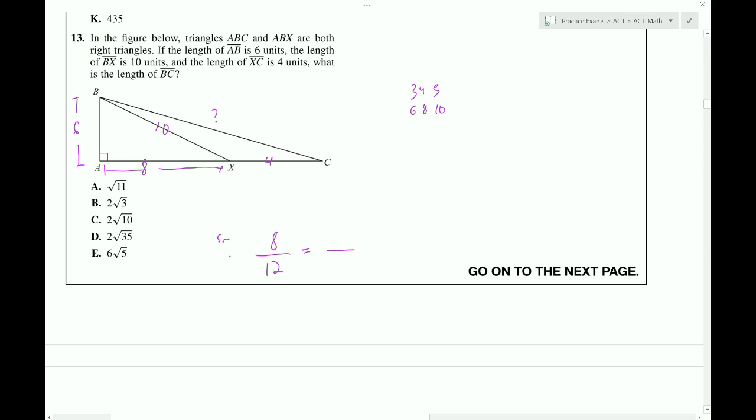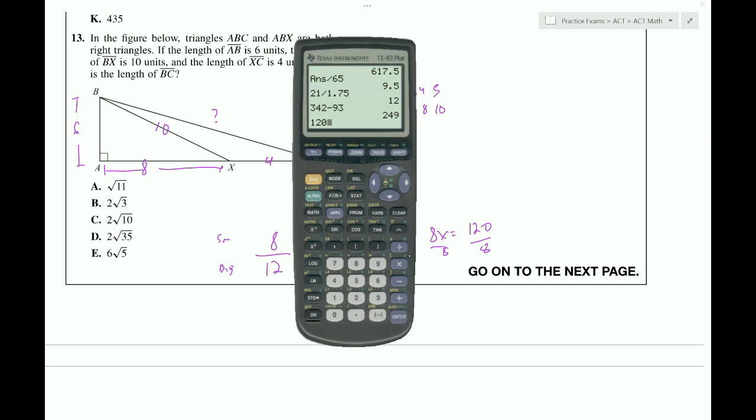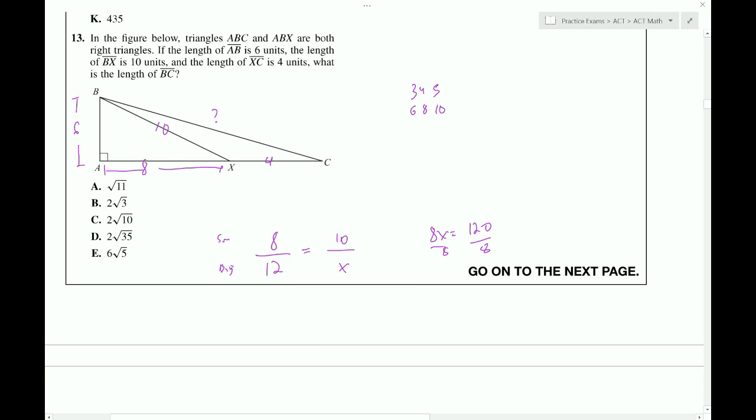So the small triangle here, the big triangle here, corresponding parts. So 8 is to 12 as 10 is to x. Right? Cross multiply, you get 8x equals 120, divide by 8. So 120 divided by 8, you get 15.